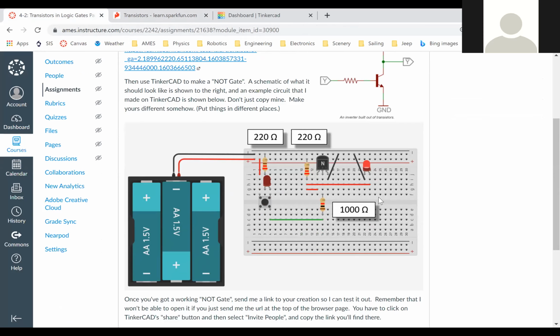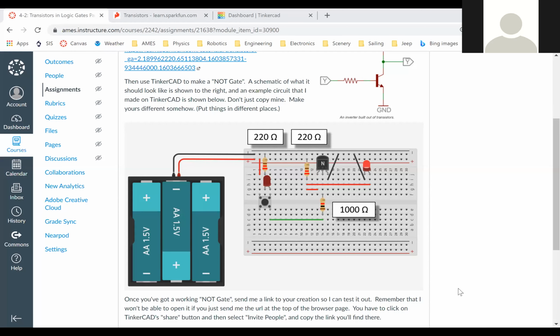And last night when I did this, I was feeling very generous, maybe too generous. I might regret this, but I was in a generous mood. So what I did here was put a photograph of my NOT gate together with the values of the resistors that I used.